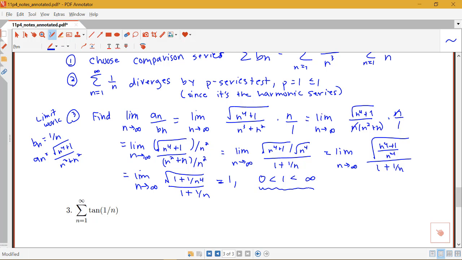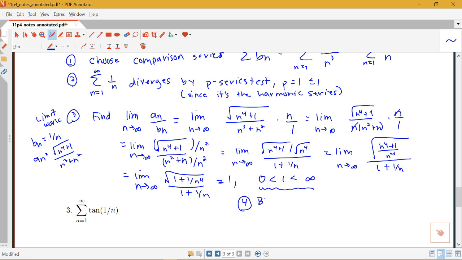We could only get a conclusion about the two series behaving in the same way if that limit falls between 0 and infinity. If this limit had come out to 0, or to infinity, we wouldn't be able to draw a conclusion. It would mean we'd have to do a different test. Okay, so step 4.